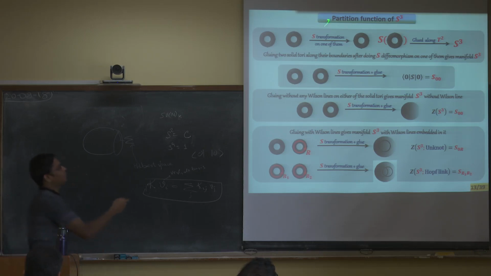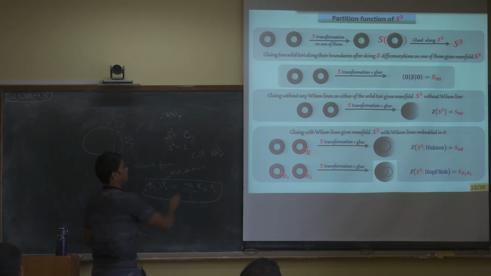So here we do the S transformation on the second torus, and when we glue them along the torus boundary, we will get S3. So if we had two copies of a solid torus, we do the S transformation on one of them and glue them.